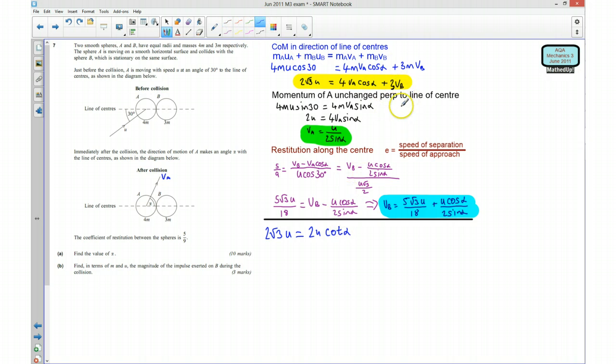Okay, so that's going to be 3 times VB, so we've got plus, and VB is what we've got going on over here, so we're going to have 3 times this here, so that's going to be, if I times that by 3, I get 5 root 3u over 6 plus, and I'm going to times this by 3 and I get 3u cos alpha over 2 sine alpha, and I'm going to again write that as cot alpha, so we'll have 3u cot alpha over 2.